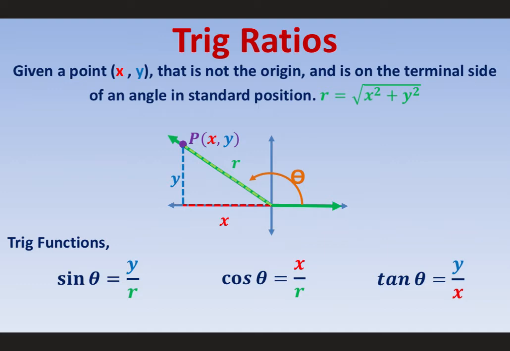You'll see that here. Our sine of an angle is now the y value over the r value rather than the opposite over hypotenuse. The cosine of an angle is the x over the r, so the adjacent over the hypotenuse. And the tangent is y over x, or opposite over adjacent. So our y is really just our opposite, our x is really just our adjacent, and our r is really just our hypotenuse.